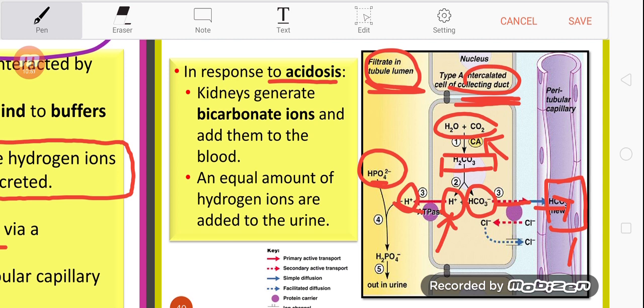Yeah, this is how the kidney region, the collecting duct, executes the mechanism of forming new bicarbonate ion in order to excrete out the H plus.